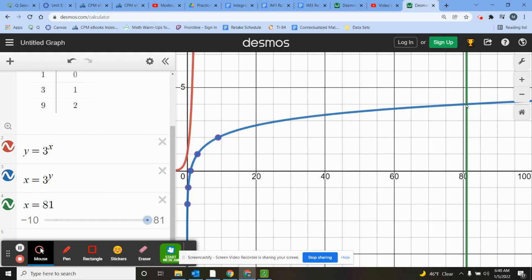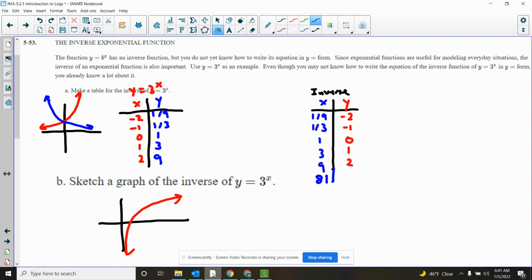All right, so right here on the inverse graph, it says when x is 81, I'm going to look at the intersection to find the output. The output is 4. Okay, let's see if that makes sense. So we've answered the question. On the inverse function, when 81 goes in, 4 comes out.